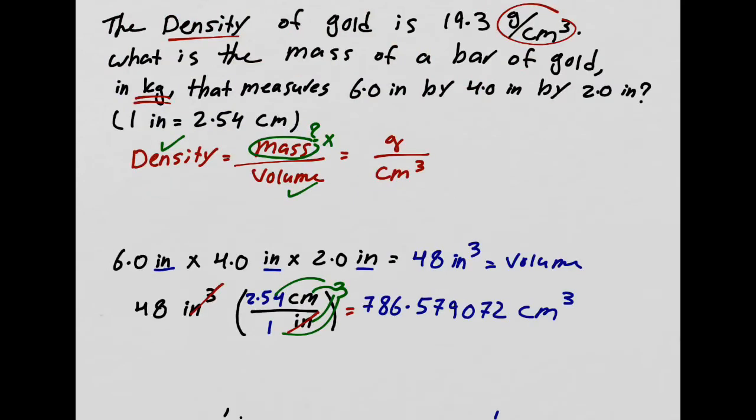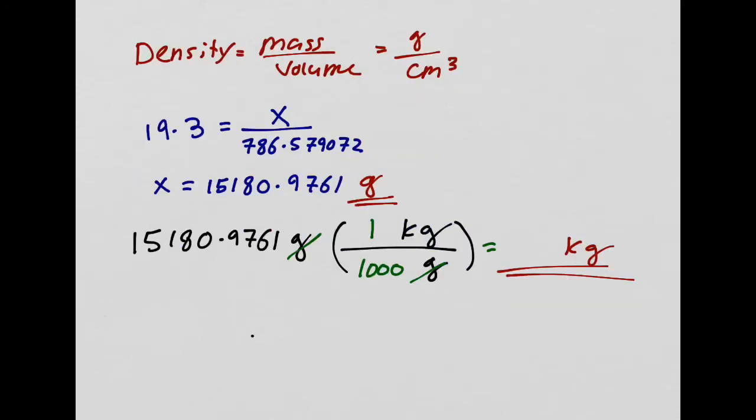My entire problem is limited to how many sig fig? My entire problem is limited to 2 sig fig. So my final answer should only have 2 sig fig. My final answer is 15 kilograms. Hard problem, but it's good to do the hard problem to get you guys ready.